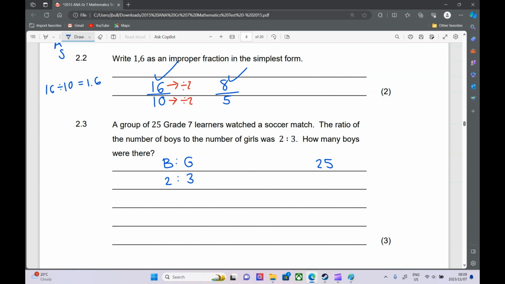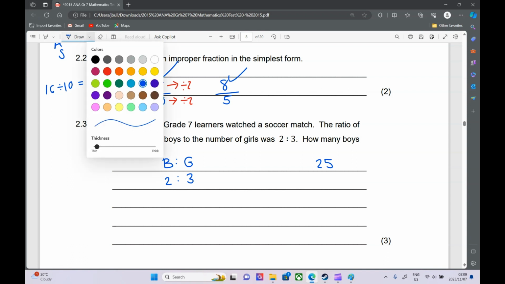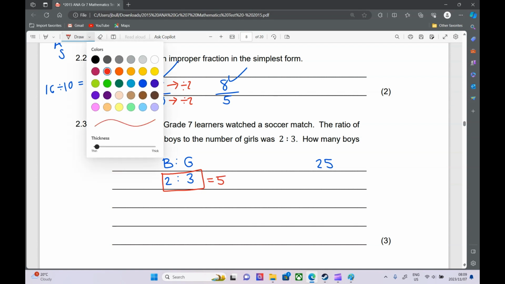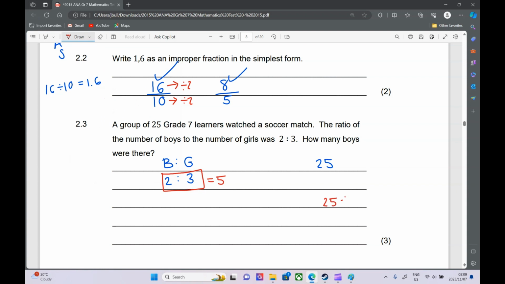For a question like this, you are going to divide 25 by that added up, which is 5. So 25 divided by 5 is 5.